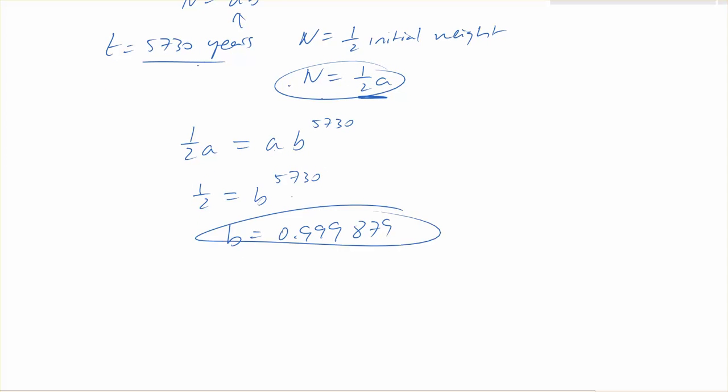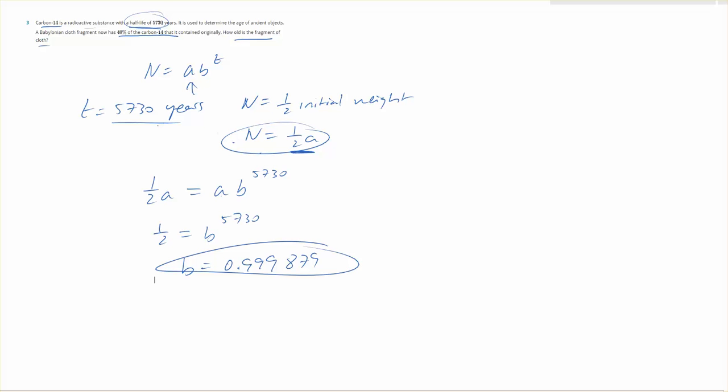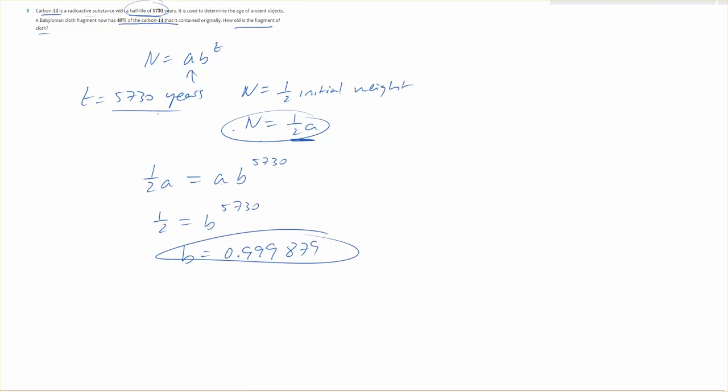Now I've got my b value. I don't know my a value, but that doesn't matter, because I want to find how old the fragment sample is when it's 40% of its carbon-14.